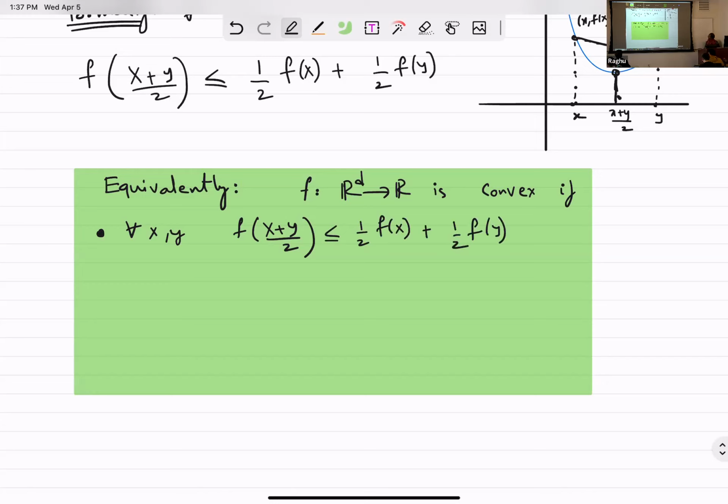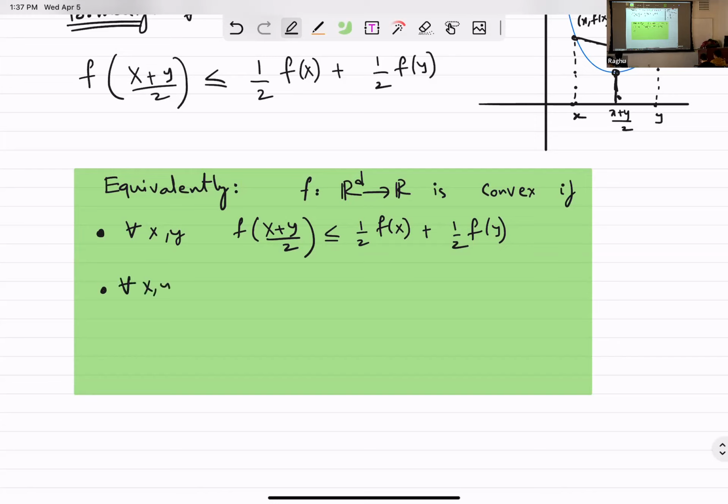This is equivalent to saying not just the average, but if I take, let's say, 1/3 of X and 2/3 of Y, even then a similar property holds.